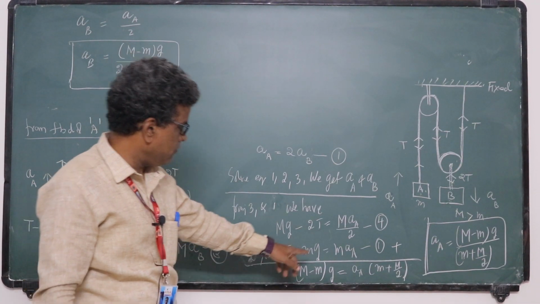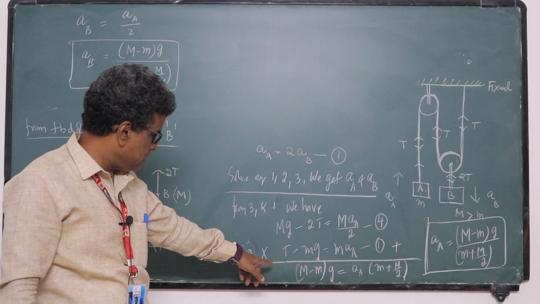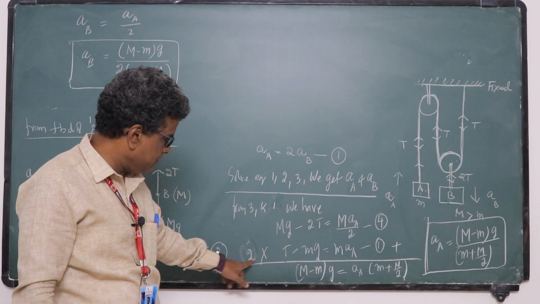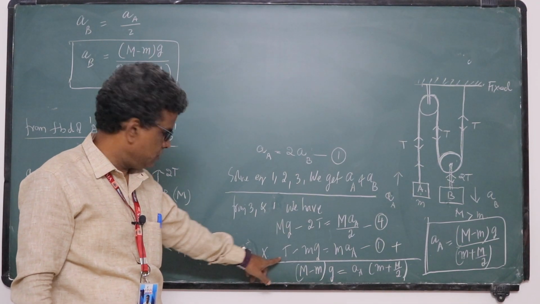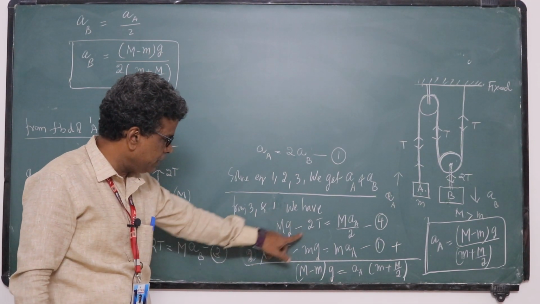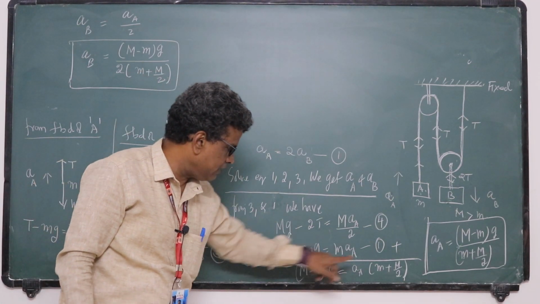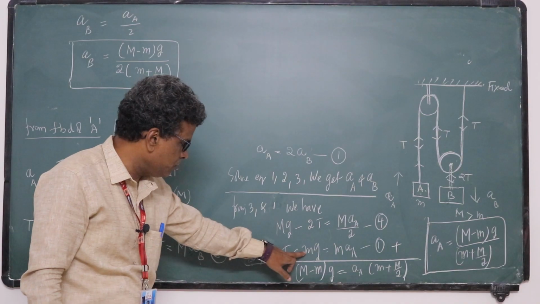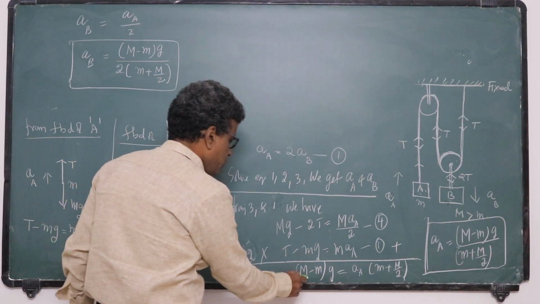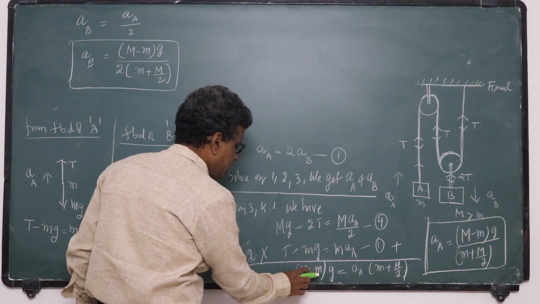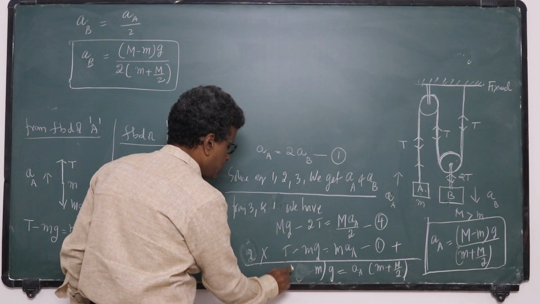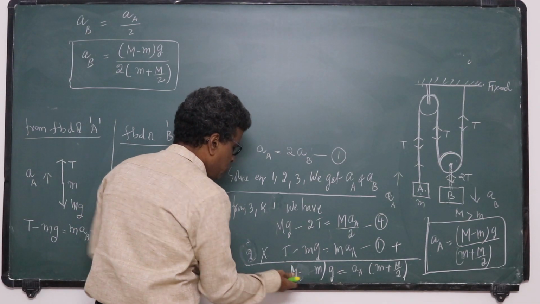Okay, see here we made a mistake. What is that? I multiplied this equation with 2. So here I multiplied 2 into T, 2T got cancelled. This 2 is multiplied with the entire equation, so it is 2 into mg. So here you have to get 2 minus 2, so capital M minus 2m.